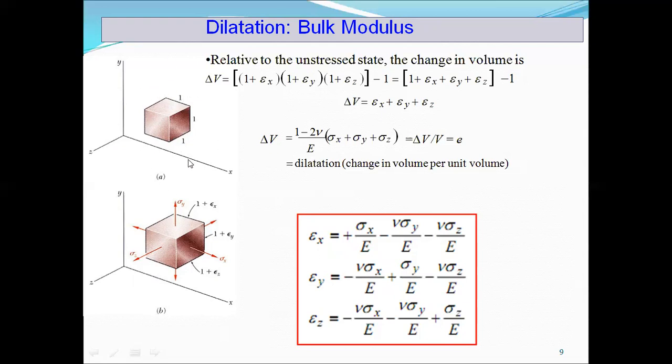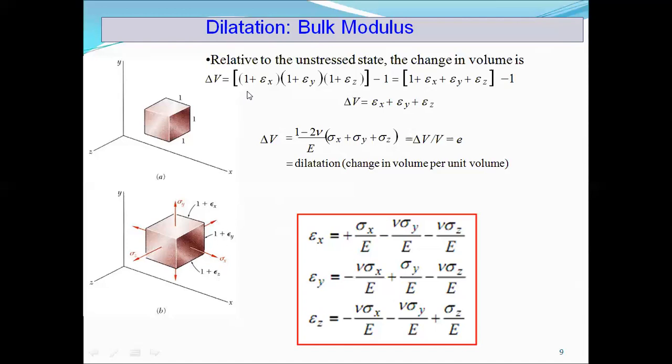So the original volume is 1. The new volume is from the new side lengths: 1 plus epsilon x along the x-axis, 1 plus epsilon y along the y-axis, and 1 plus epsilon z along the z-axis. You have to multiply these new side lengths.